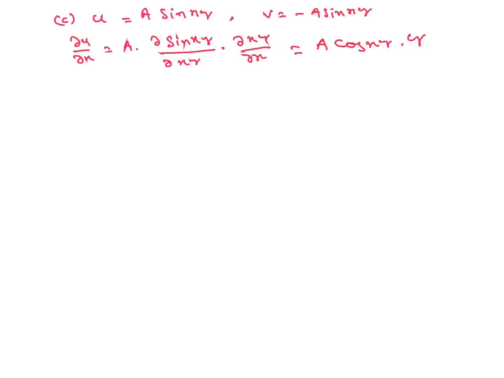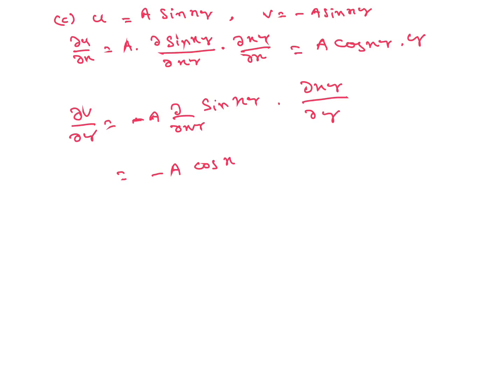Then del v by del y, it's minus a common, then del sin xy by del xy into del xy by del y. So from here we will get minus a cos xy into x. So del u by del x plus del v by del y equal to a cos xy into y minus a cos xy into x. So this is not equal to 0. So C also not possible.